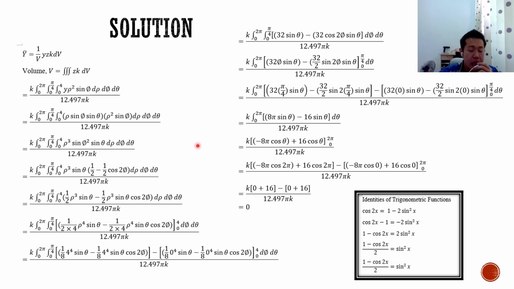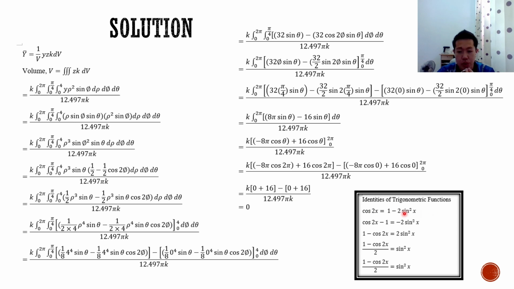Same, we're going to repeat the same steps as the previous slide, which is to change the rectangular coordinates into spherical coordinates. So at the end we get a triple integral of rho cubed sine squared phi sine theta. And for this sine cubed phi, we're going to change it because it is a bit difficult for us to integrate.